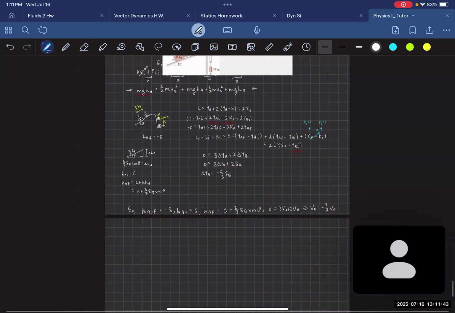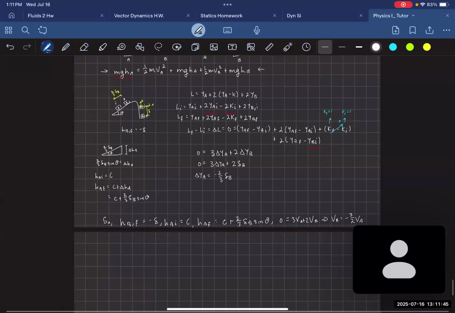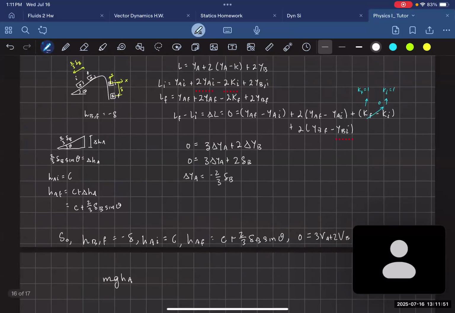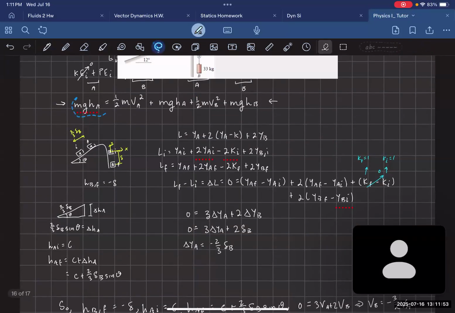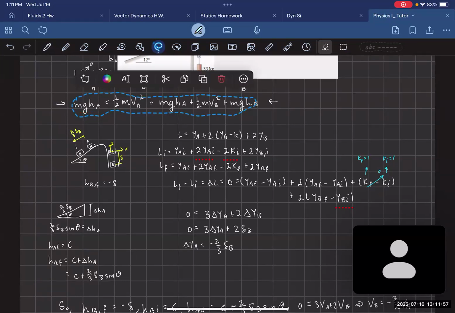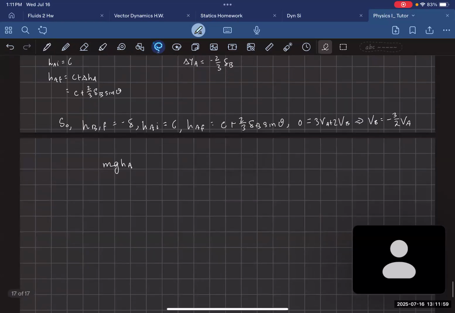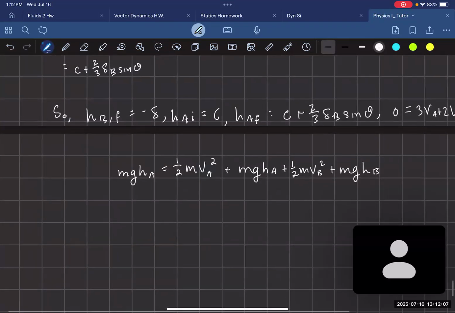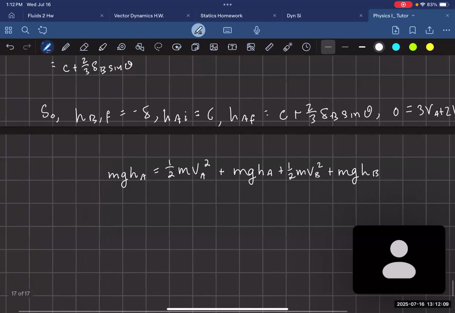So with this, we have everything we need to plug in our work equation. And just for the sake of clarity, I'm going to write it out again for you guys. I can copy and paste it. So now we just have to plug in everything.